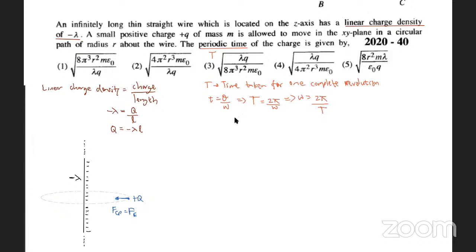So let's try to write the equation. Centripetal force is equal to electrostatic force. What is the equation for centripetal force? m r omega squared. Here I can't use m v squared over r, because I had to introduce capital T. So m r omega squared equals Fe.